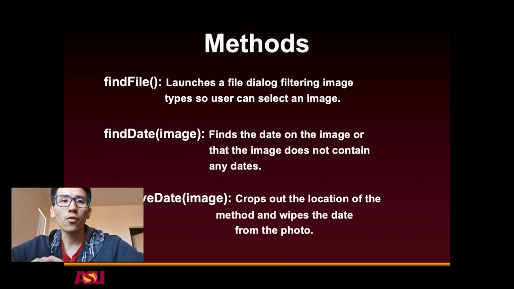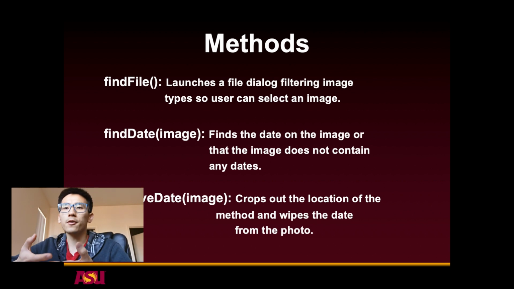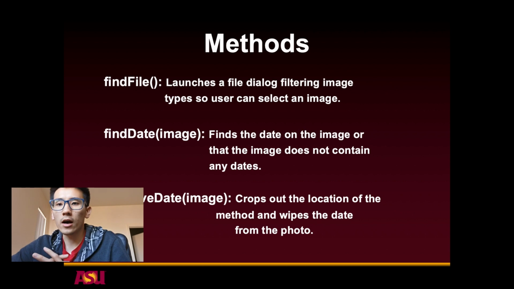So we are using three methods to implement the image processing. First is find the file. We try to find the image in different locations and get the image to process. After we get the image, we will try to find the timestamp on the photos.